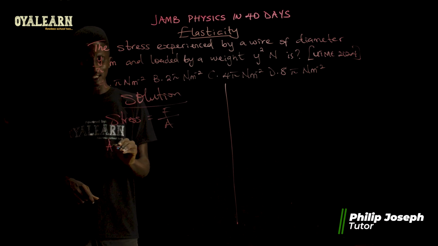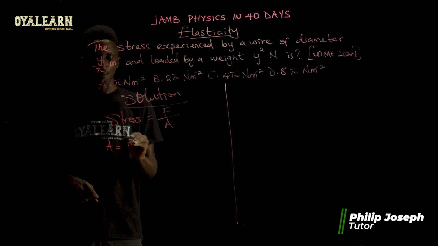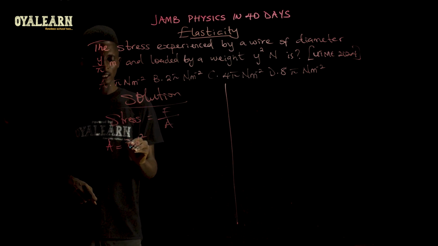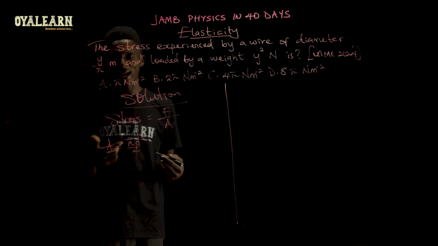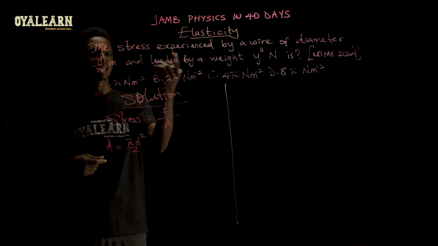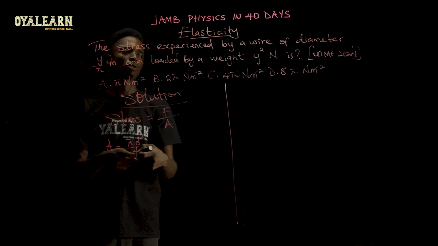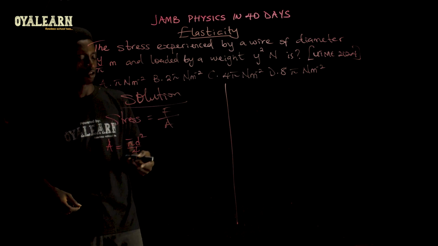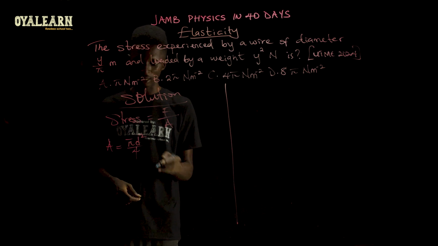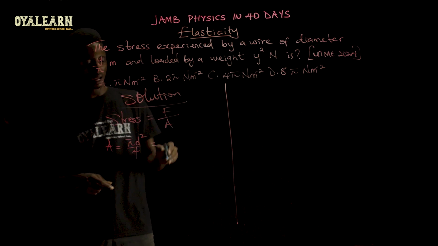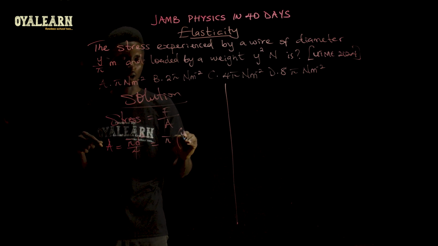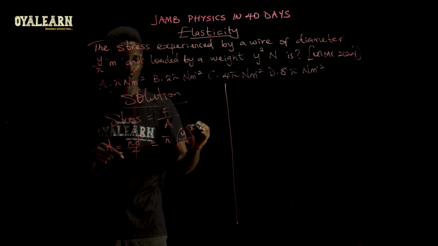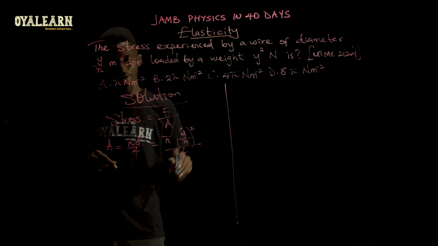Now, the area itself is given as pi d squared over 4. Now, this equation is similar to pi r squared, but because we are given diameter is why I'm using this particular equation. If we're given radius, I would have used pi r squared. So in this case, what we're going to be having here will be pi multiplied by d, which is diameter, y/pi, then we square that, all divided by 4.